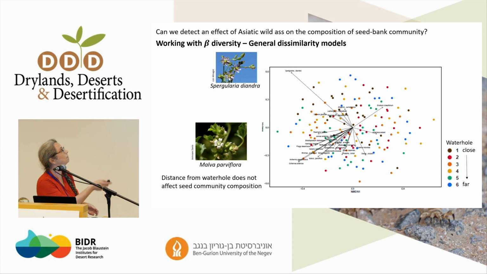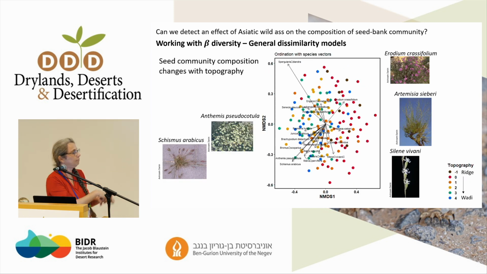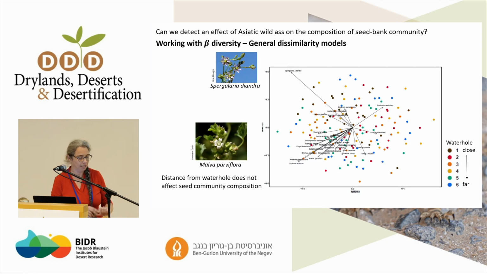It's just two examples, this Spergularia species and this Malva species. They are known to be associated with herbivores. And still, you can see they are actually situated in two different parts of the analysis. So it's not about that.